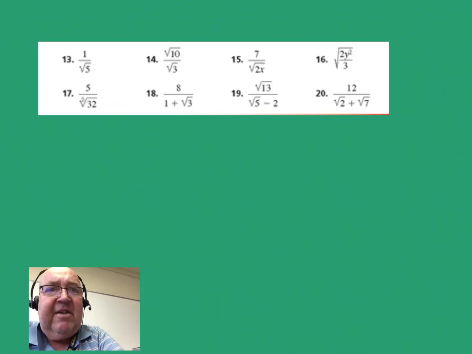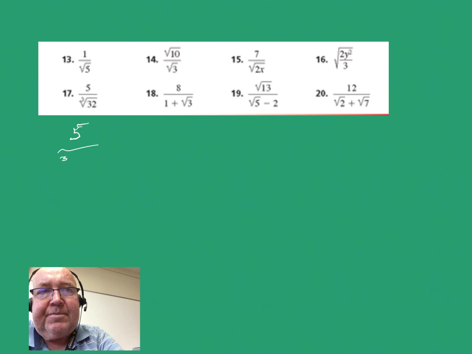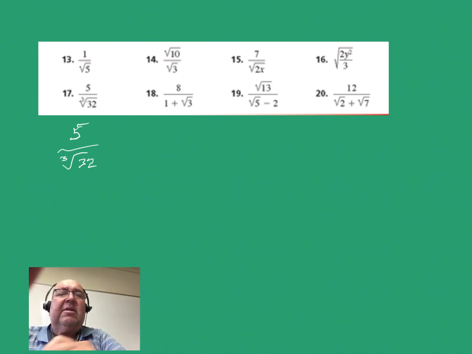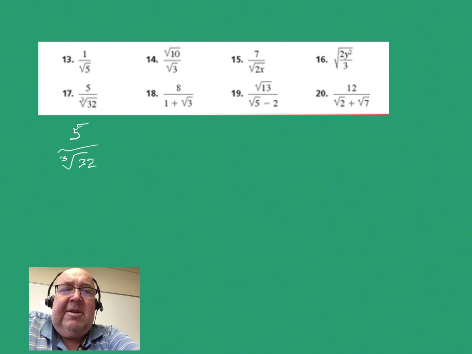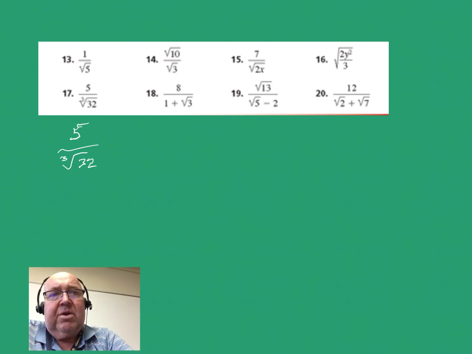Starting with 5 over cubed root 32. Now what we want to get is something that's going to give us a pure cubed root. So we're going to multiply by the cubed root of 2.